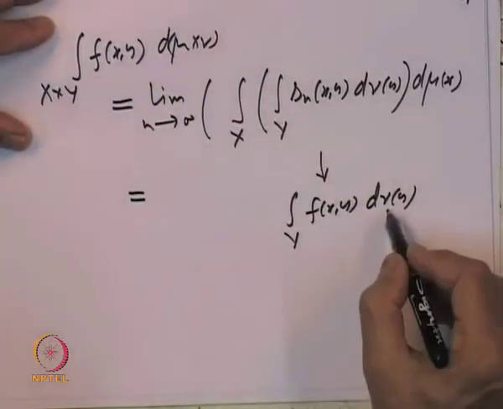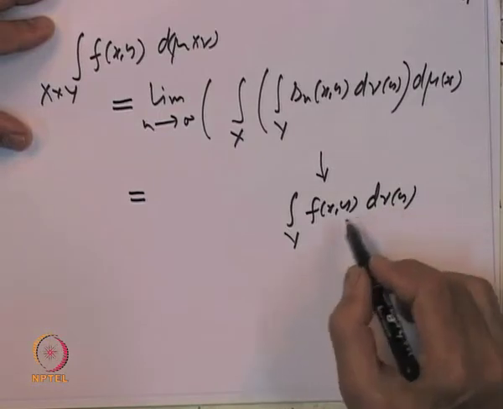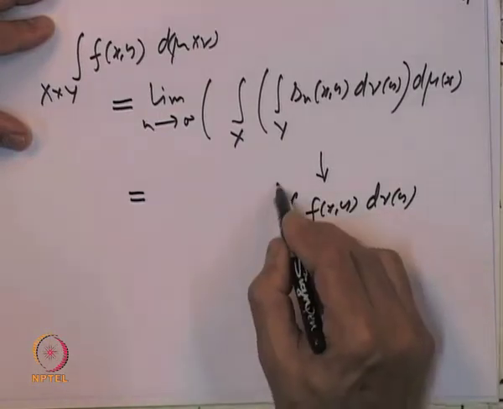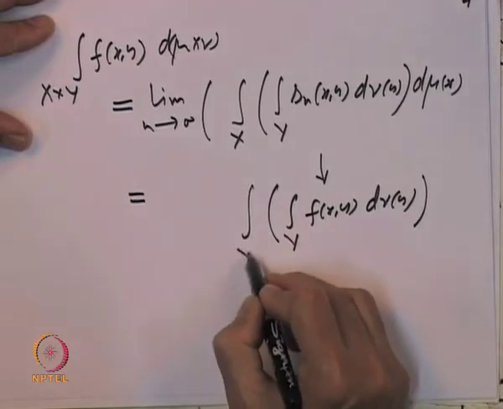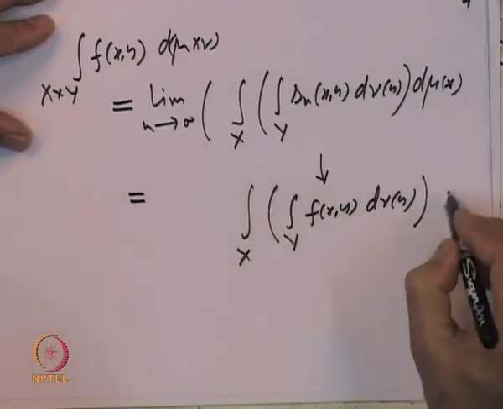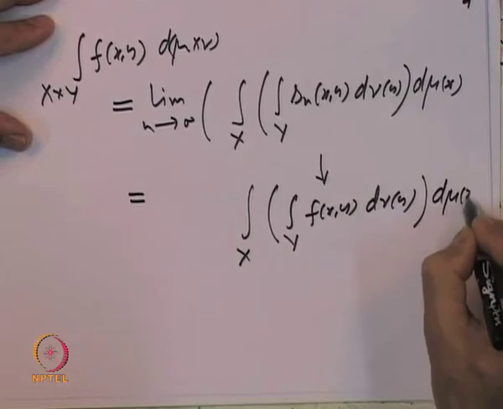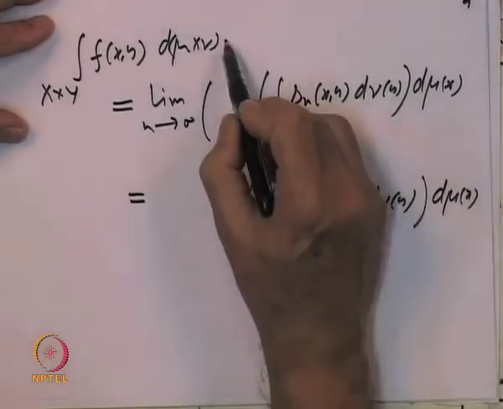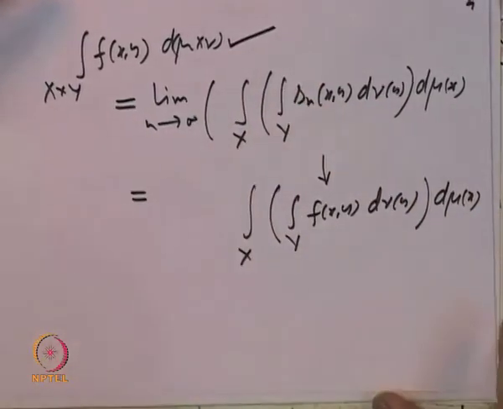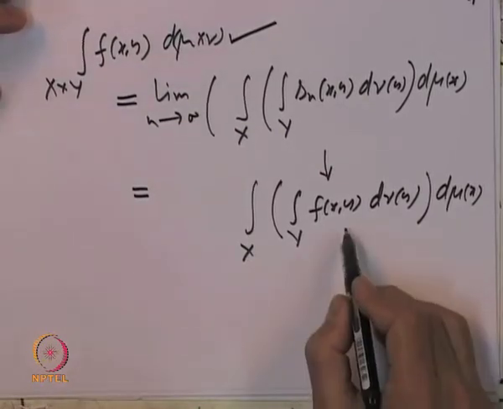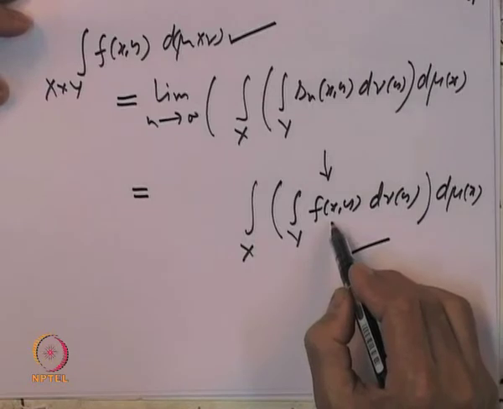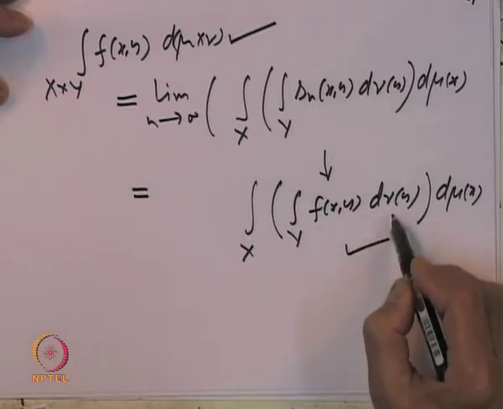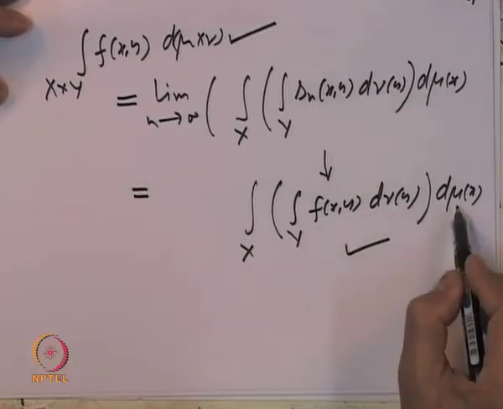And then again this is a sequence of non-negative measurable functions. The application of the monotone convergence theorem gives us that the integral of the limit of that must be equal to d mu of x. So, that says that the double integral of the non-negative measurable function is equal to the iterated integral, first with respect to nu and then with respect to mu.